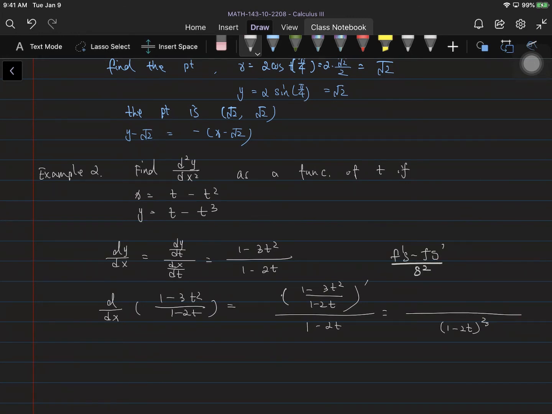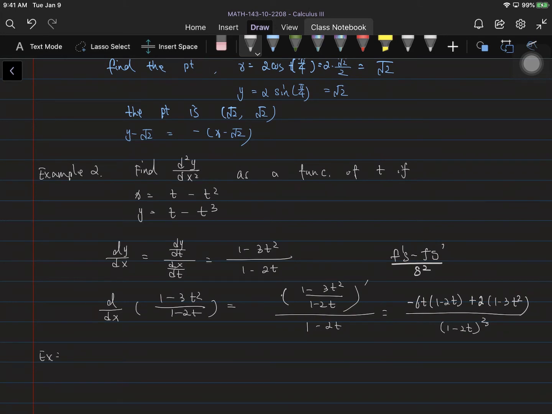So it's going to be negative 6t times 1 minus 2t, plus 2 times 1 minus 3t squared. If we don't simplify, that's the final answer. Okay, second derivative.